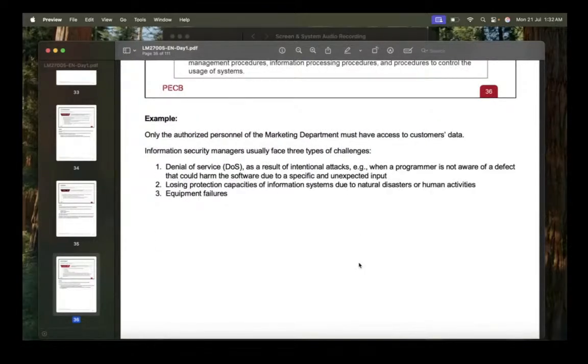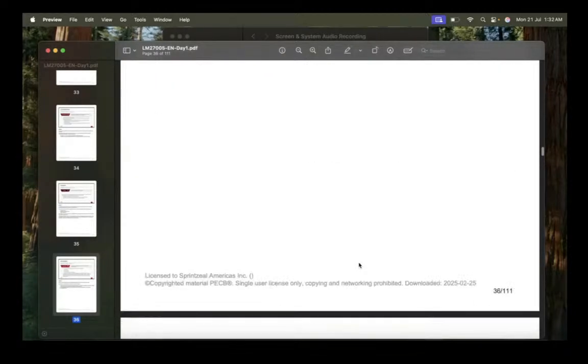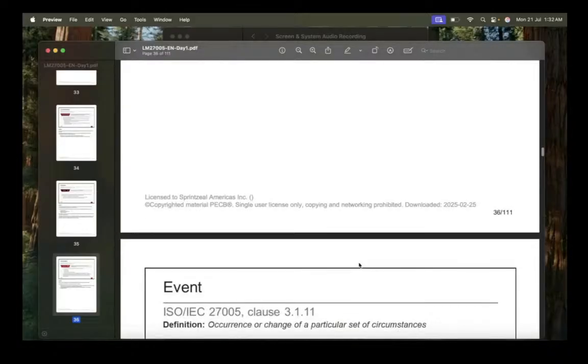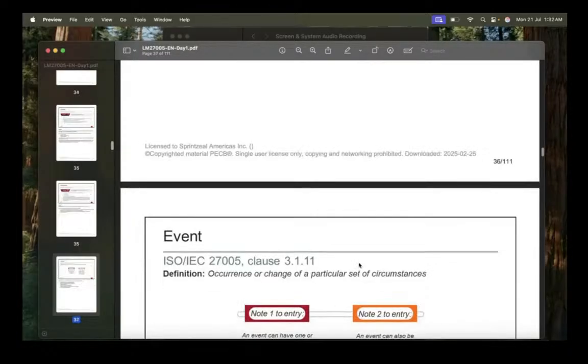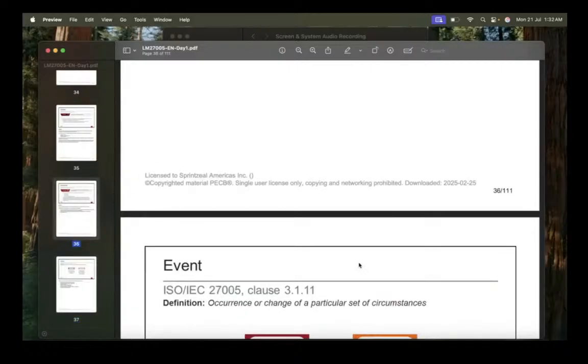So we have completed these three main points, and moving on to the next one, we have some definitions that are important to understand. Maybe it sounds like a normal thing, but to understand it from a risk management perspective is very important for this course.